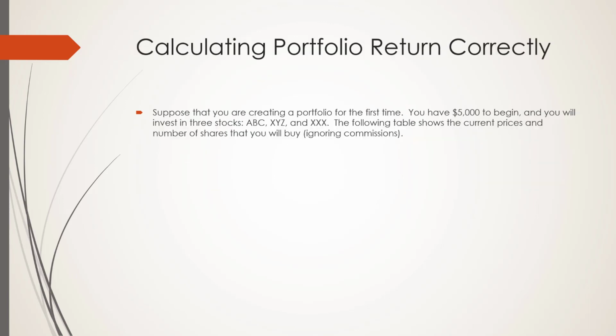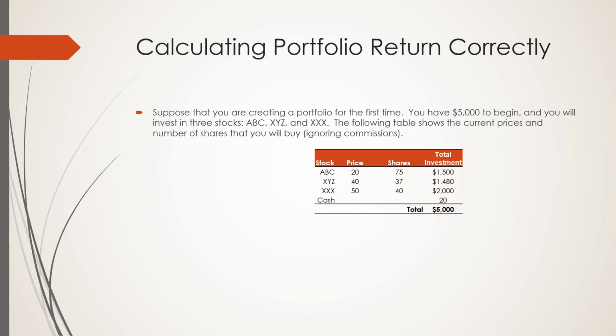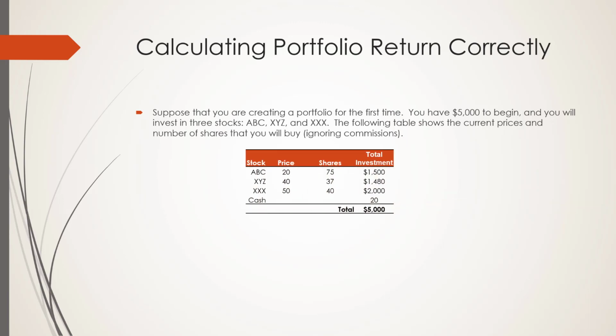So here's an example. So you're creating a portfolio. You have $5,000 to begin with, and you invested in 3 stocks, ABC, XYZ, and XXX. The following table shows the current prices and the number of shares, and we're ignoring commissions here. So ABC is at 20, XYZ is at 40, and XXX is at 50, and you buy 75 shares of ABC, 37 of XYZ, and 40 of XXX.